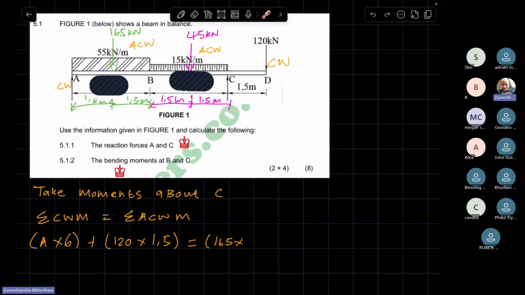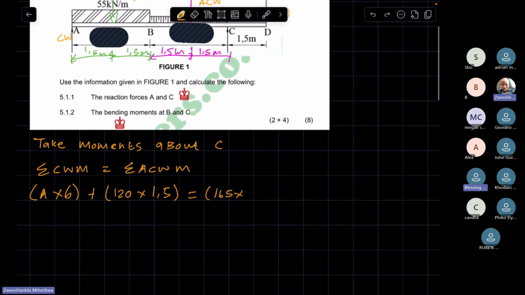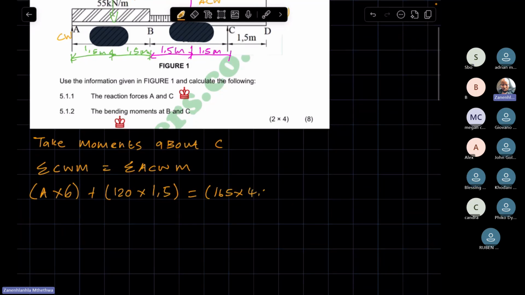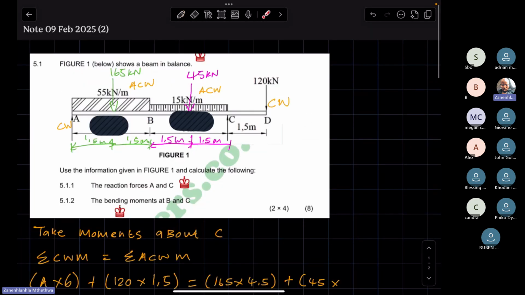So to get the distance from where the 165, the weight of this UDL, is acting to where we are taking moments about, we know it's going to be this 1,5 plus the 3, which is equal to 4,5. So that's 4,5 plus the 45 times the distance between where the 45 is acting and where we are taking moments about.